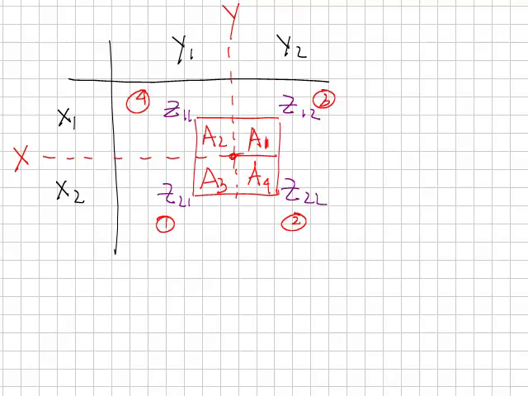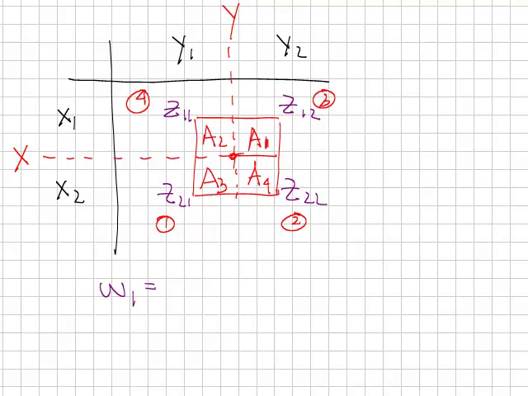Now to simplify the notation, I've numbered the 4 z values 1, 2, 3, 4. This is arbitrary, you could number them any way. The key is that I've also numbered the areas corresponding to this internal rectangle, where A1 is opposite of the corner 1, A2 is opposite of the corner 2, A3 is opposite of the corner 3, and A4 opposite of the corner 4.